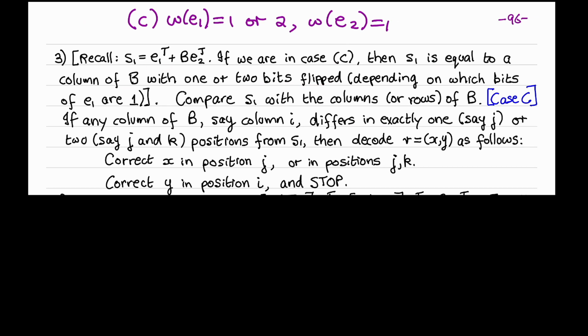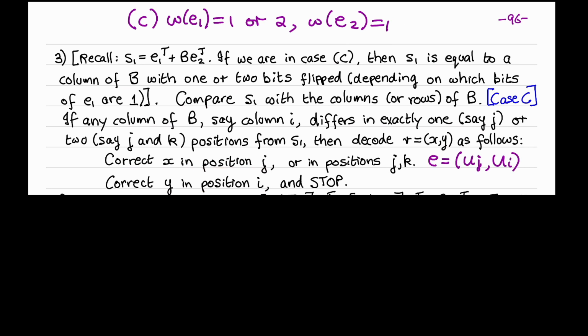And so in step 3, we proceed as follows. We compare S1 with the columns or the rows of B. If any column of B, say the ith column, differs in exactly one position, let's say the jth position, from S1, then we decode R by correcting X in position j and correcting Y in position i.